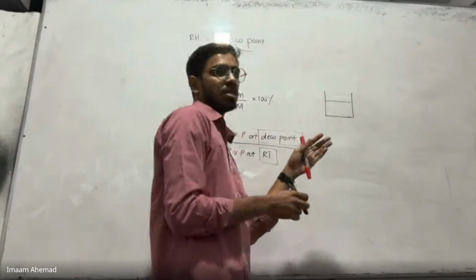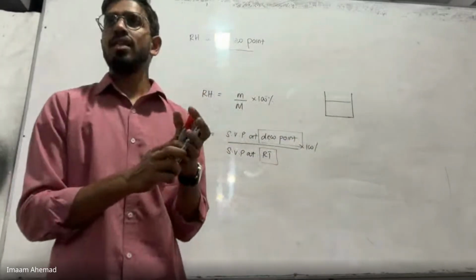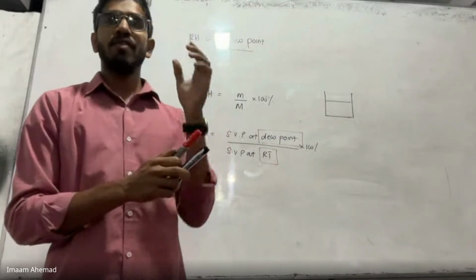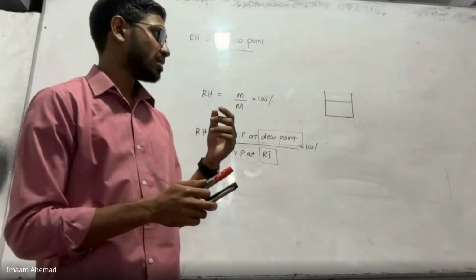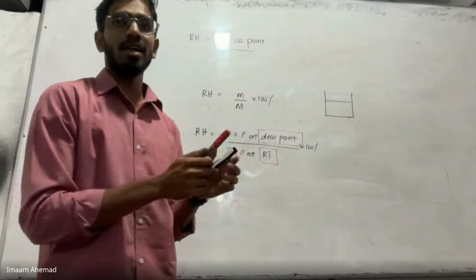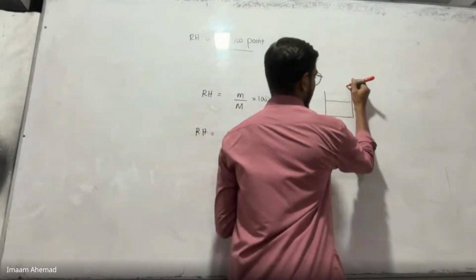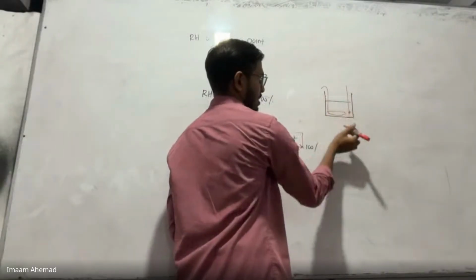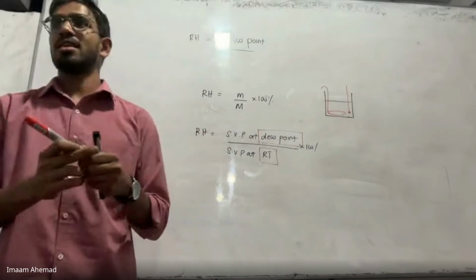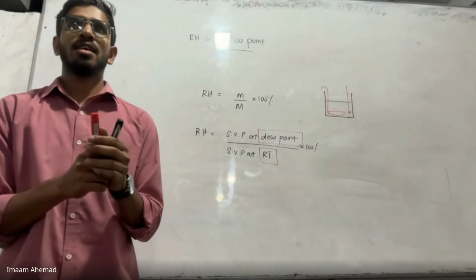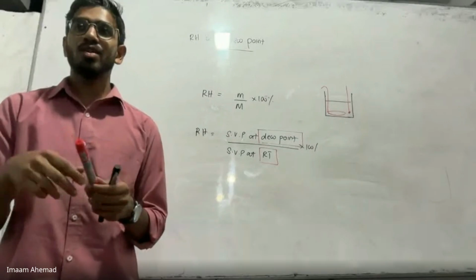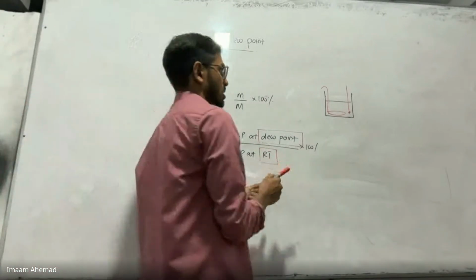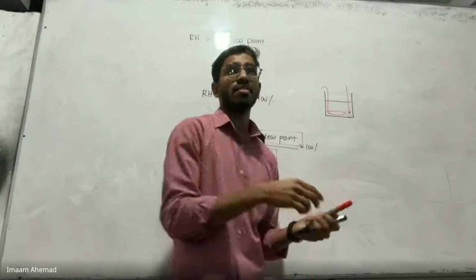Now, what are the instruments we need here? We need a thermometer and a stirrer. What type of stirrer? We need a Squarnett stirrer. Why do we need one?